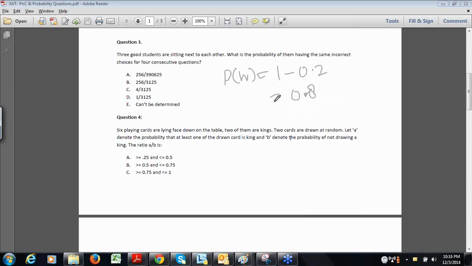Okay, if we calculate like this, but this will not be the right answer.